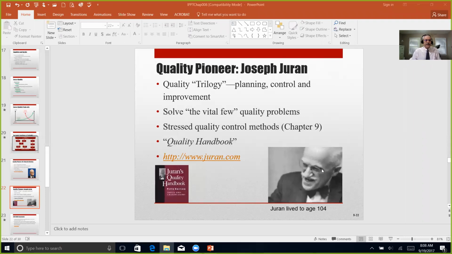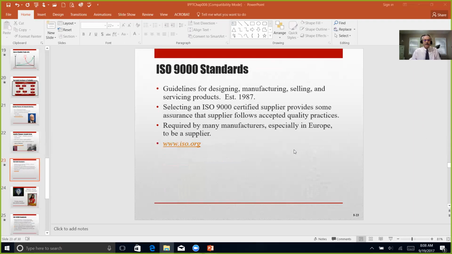Then we have this thing called ISO 9000 standards, where really it's about certifying suppliers who are supplying those things for you over on page 179, 180. But it's really an industry worldwide organization, the International Organization for Standards.